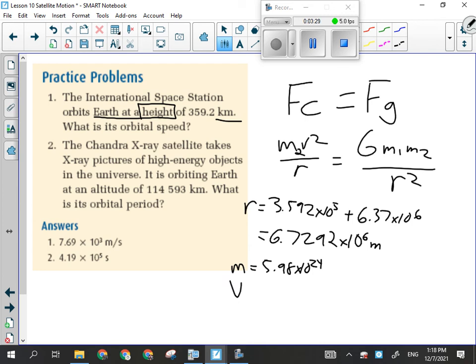So this is the formula I'm going to use. Mass 2 is the mass of the International Space Station. It's going to cancel, so I didn't need it anyway. All I have to do is solve for V. So I'm going to multiply both sides by r, and when I do that, the squared will cancel down here. The mass of the International Space Station cancels, and then I take the square root.